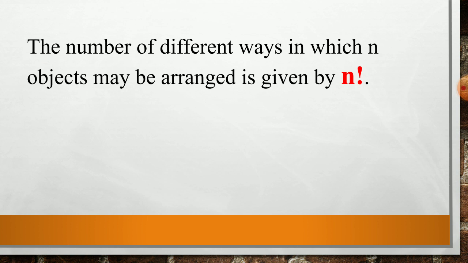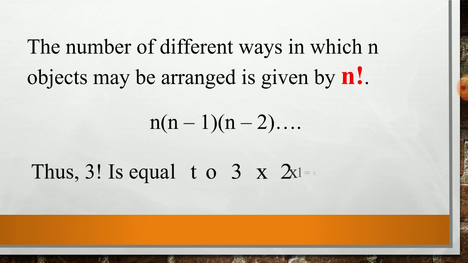The exclamation mark stands for factorial, and the symbol n! can be read as n factorial. It means n times n minus 1 times n minus 2 and so on. Thus, 3 factorial is equal to 3 times 2 times 1, which is equal to 6.